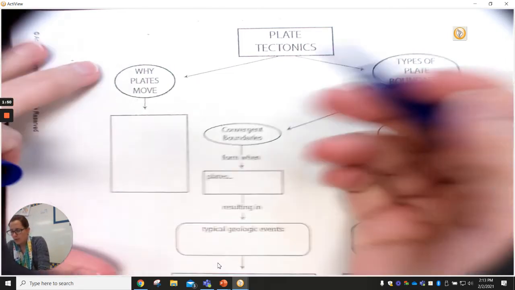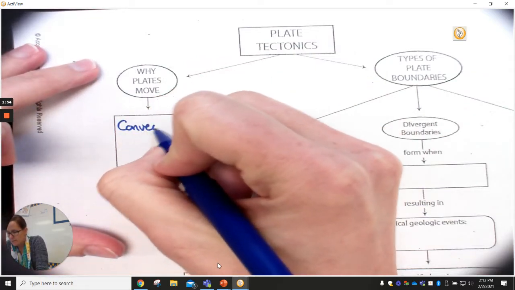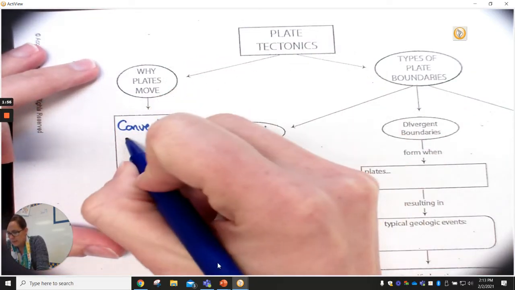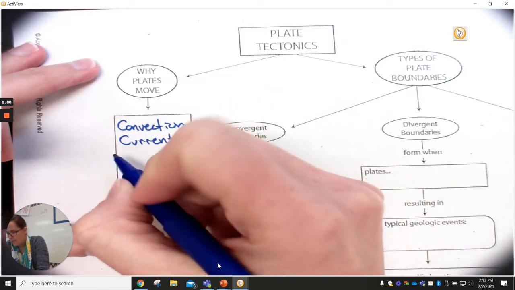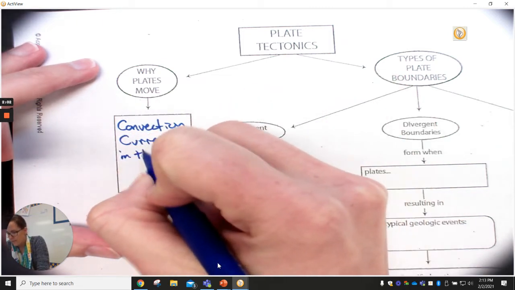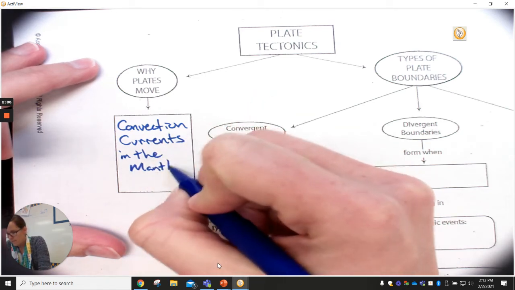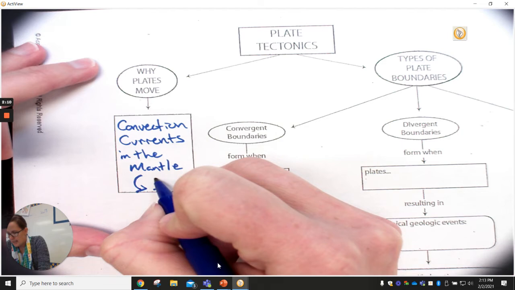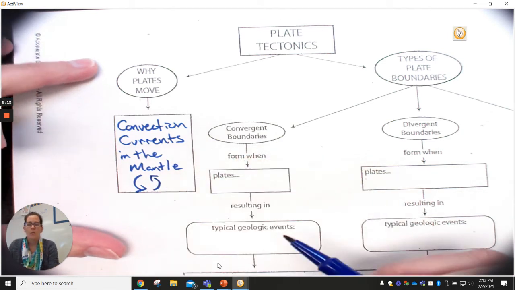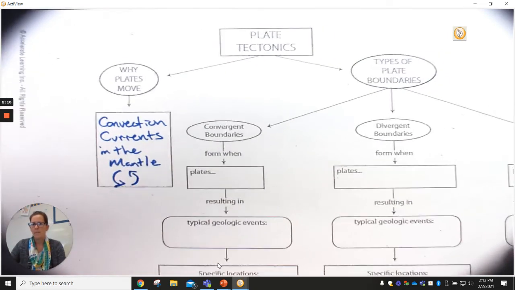So right here, we're going to write convection currents in the mantle. I'm going to draw some arrows going down and an arrow going up so we know we're looking for those circular currents in Earth's mantle, okay?